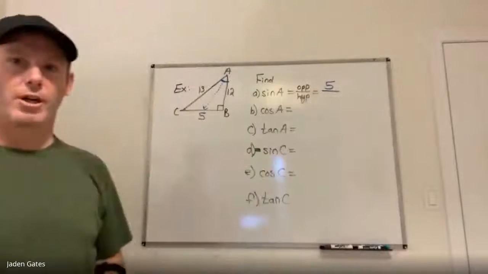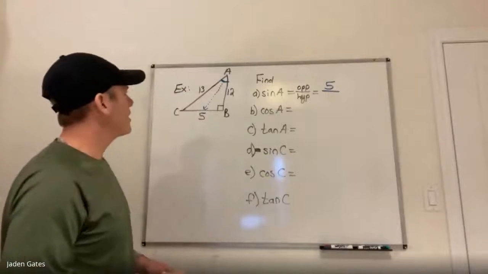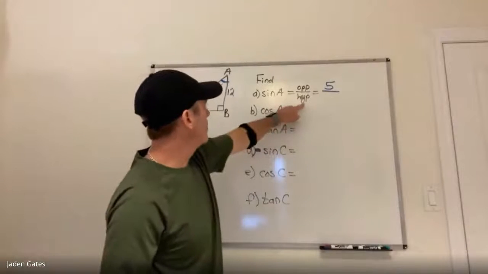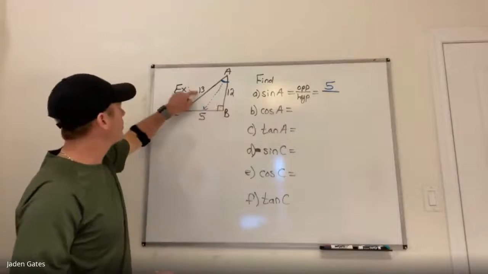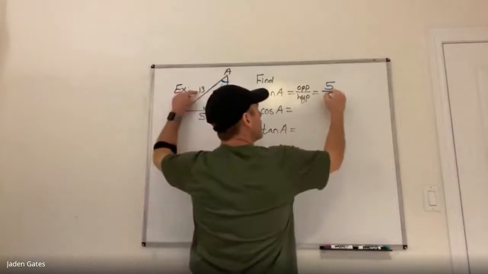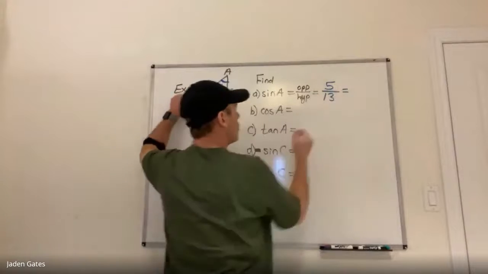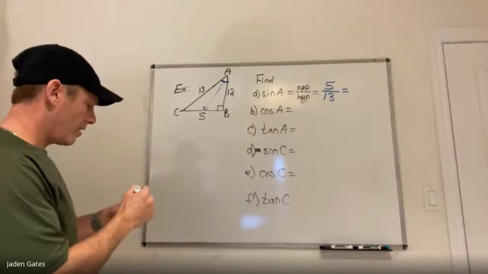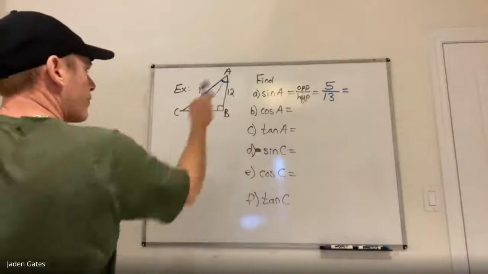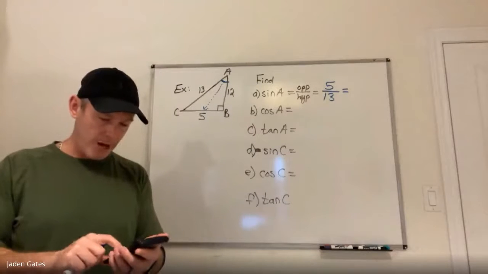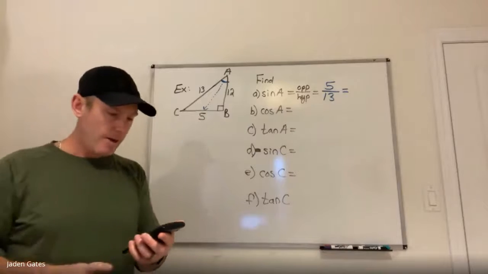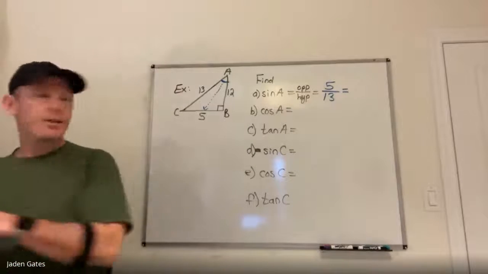Now, the hypotenuse is always the side across from your right angle. So that's a 13. And so if I'm looking for the sine of angle A, I have the fraction 5 over 13. Or as a decimal, 5 divided by 13, I get 0.38.